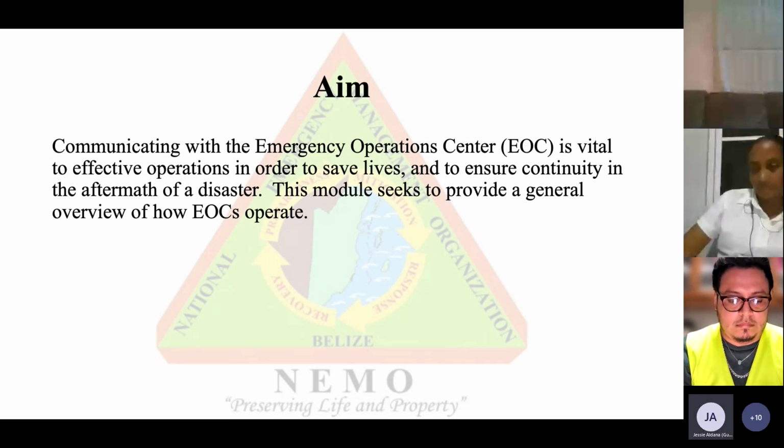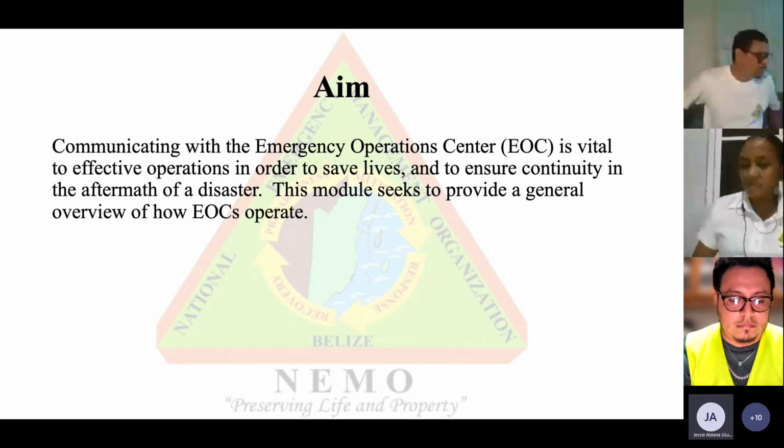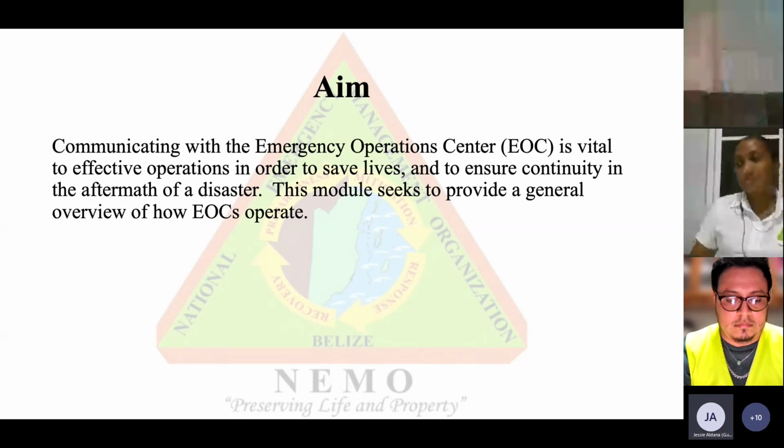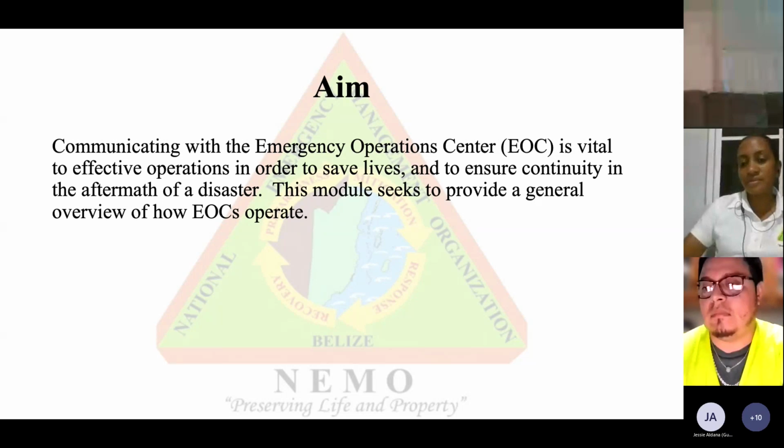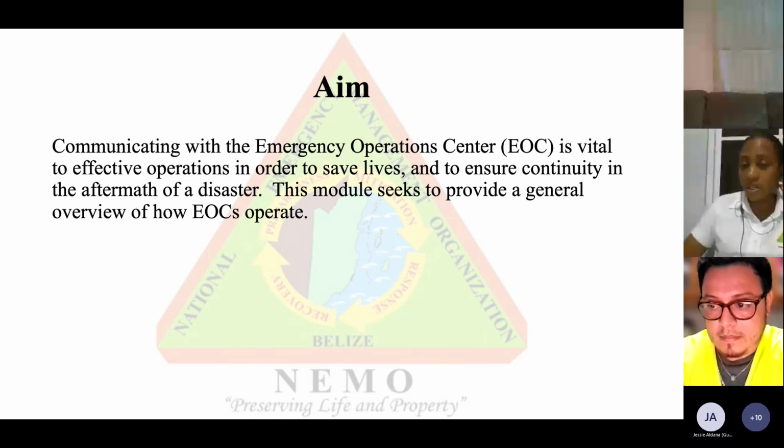Register the people as they arrive and leave. Operate the radio to communicate what is happening at the shelter. And make sure that there's water and food for the persons who are staying at the shelter. Yes, you're correct. Those are some of the responsibilities of a shelter manager.